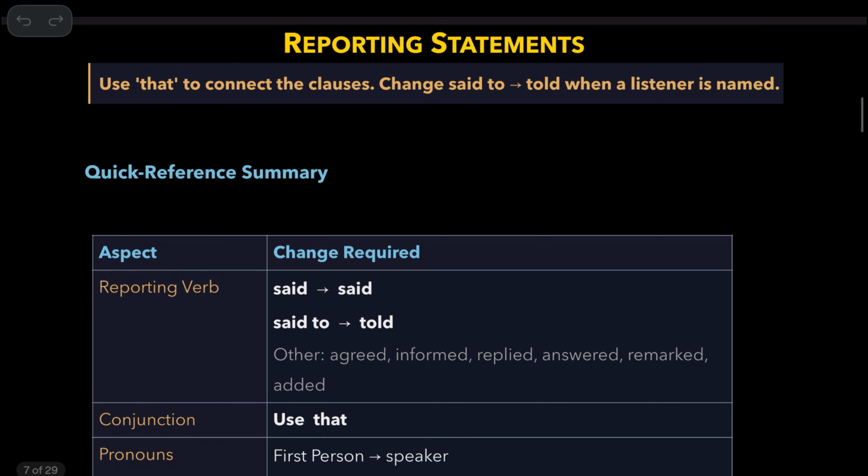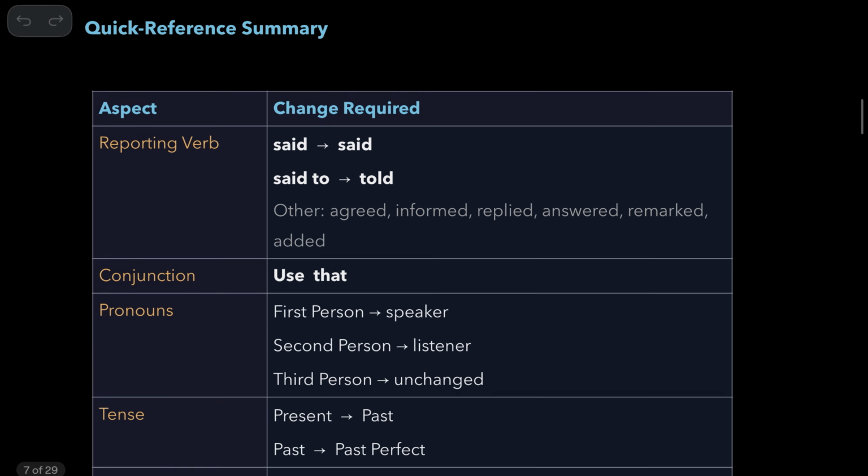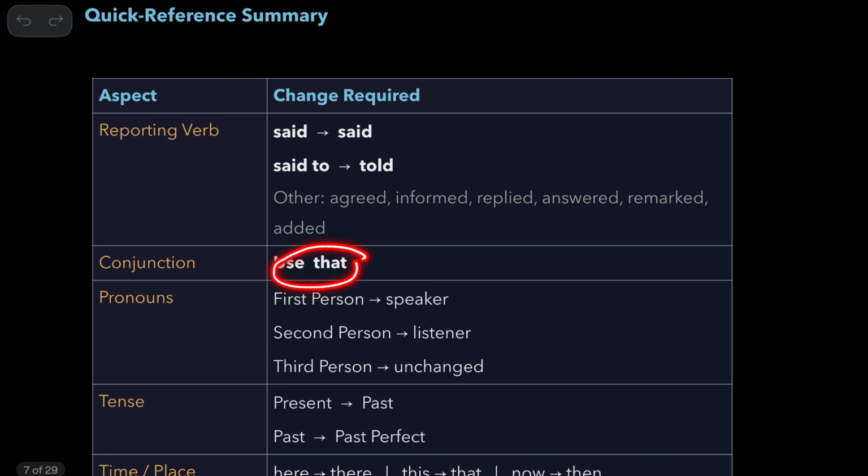Now, let's take a look at all four types of sentences, how they are reported. First, let us take a look at statements. So, said remains unchanged, but if you find said to, change it to told. And of course, you can use other words like this. Then the second thing is you need to insert the word that in your reported speech.